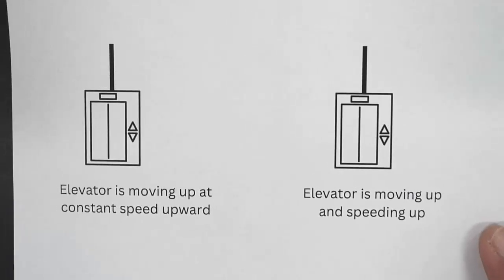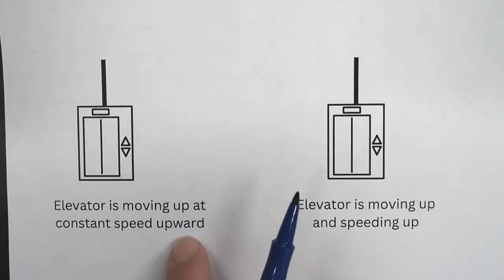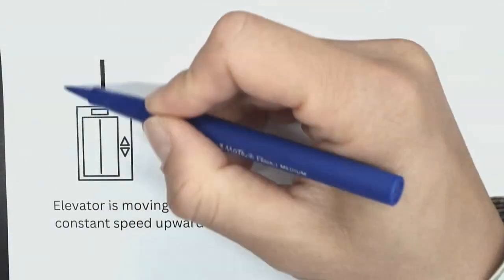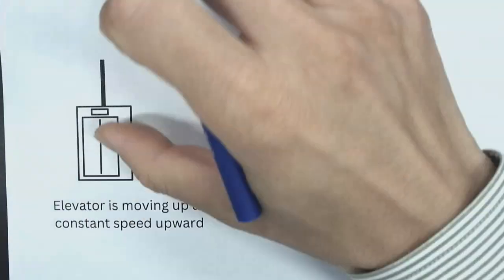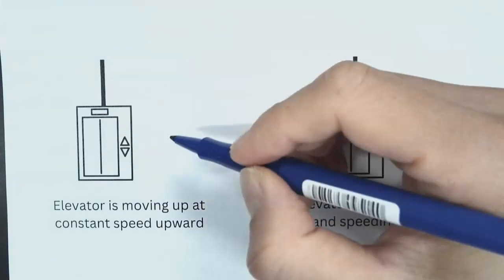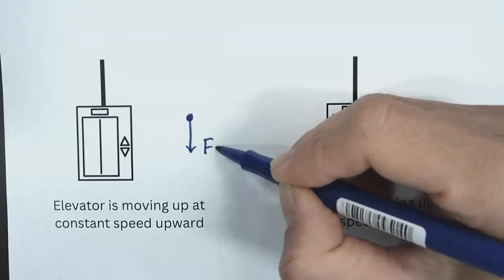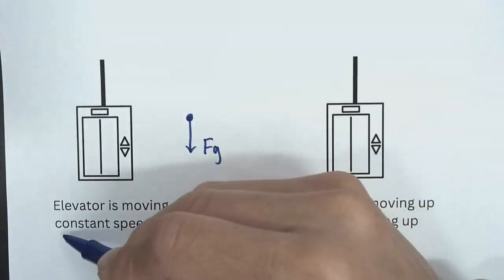Alright, let's take a look at some more problems here. Here we have an elevator. It's moving up at constant speed upward. We're going to assume it's not touching the elevator shaft. It's just moving up, and there's a cable that's pulling it up. So we're going to once again start with Fg. Okay, and it's moving at constant speed.